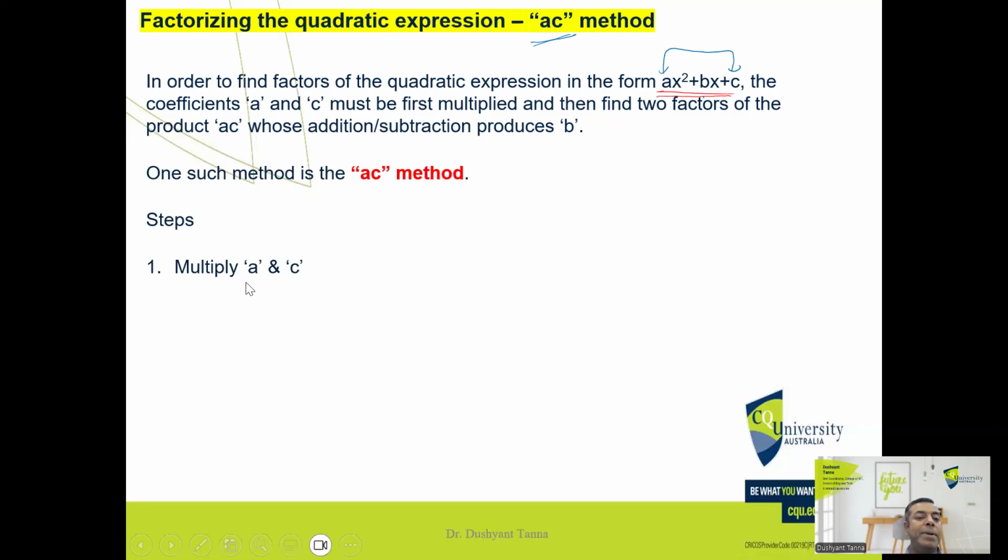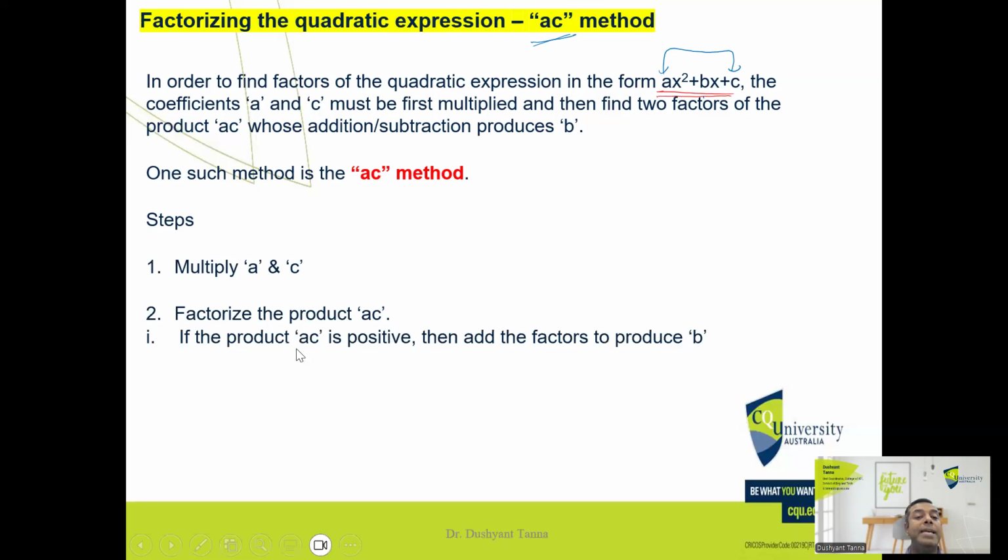What it does, step number 1, multiply a and c. Those who are not confident factorizing quadratic expression using this method, please pay attention here. Multiply a and c. Factorize the product AC. Then if the product is positive, you add the factors.